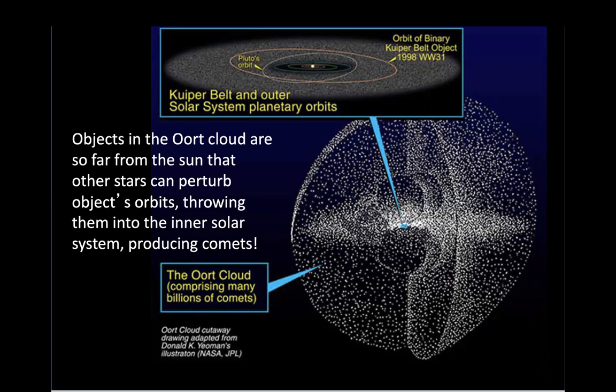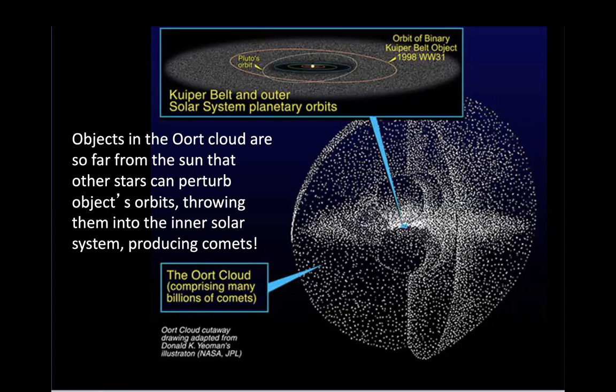Now, comets are a slightly different story. Comets and objects like them come from the outer part of the solar system, the Kuiper belt and the Oort cloud. These are far from any of the other planets. So there's not a lot of ways to perturb them onto things that would come into the inner solar system, at least not from the other planets.